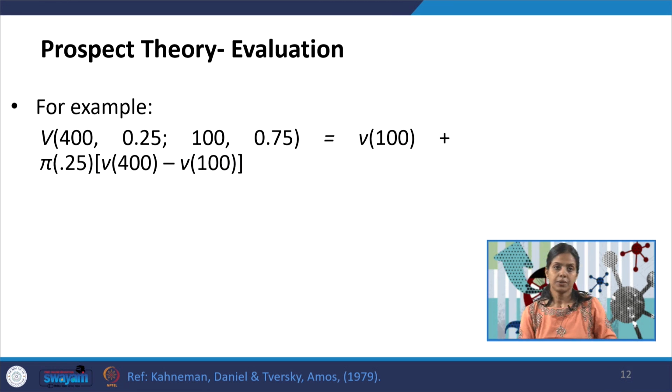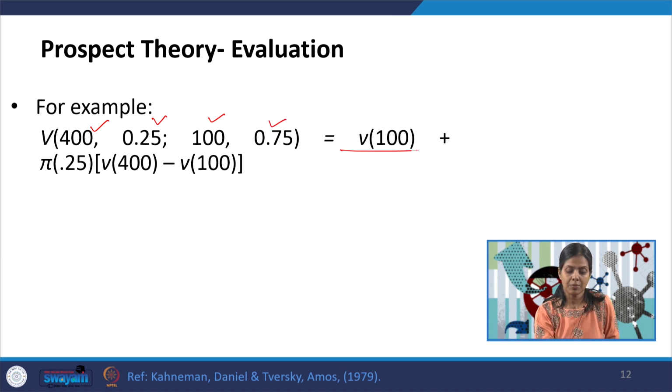For example, V(400, .25; 100, .75). You can see that this is a strictly positive prospect where both x and y are greater than 0 and p and q add up to 1.